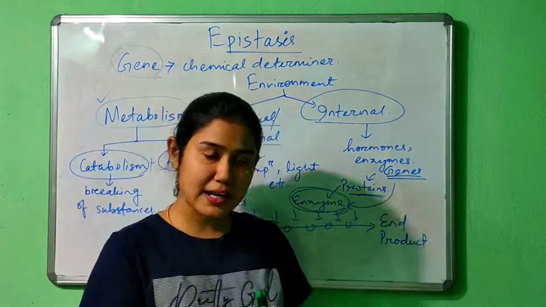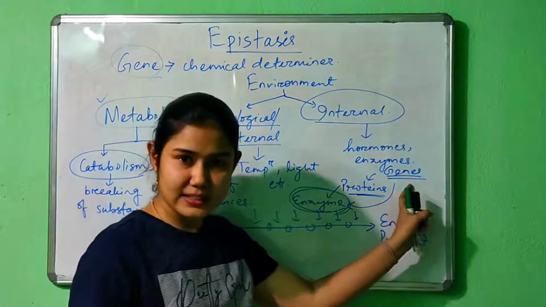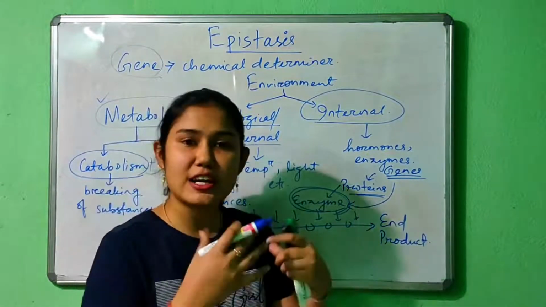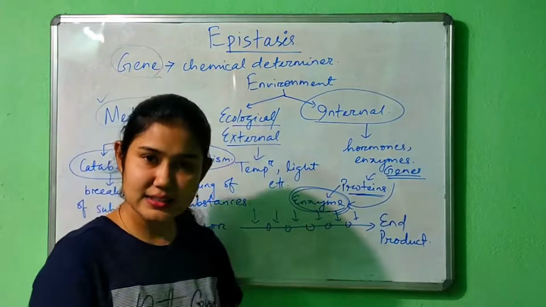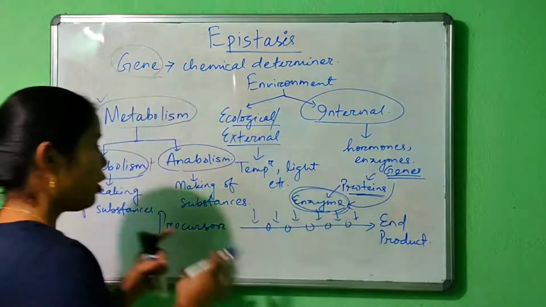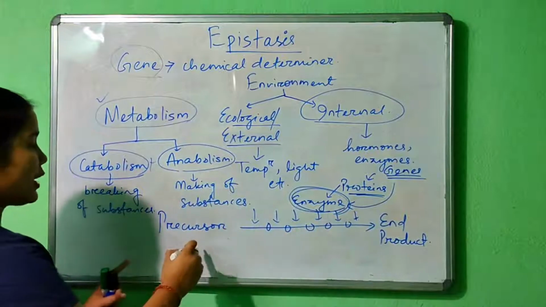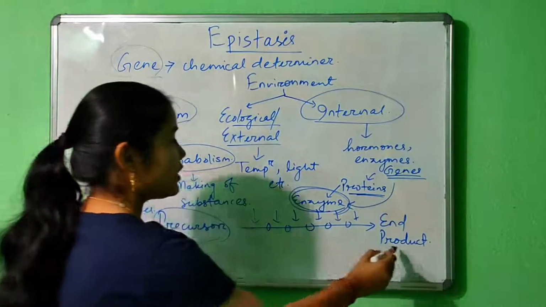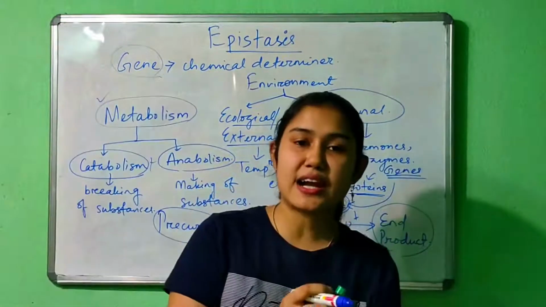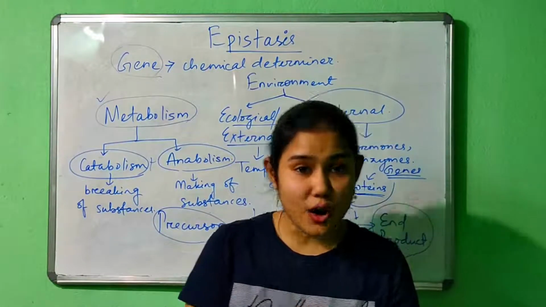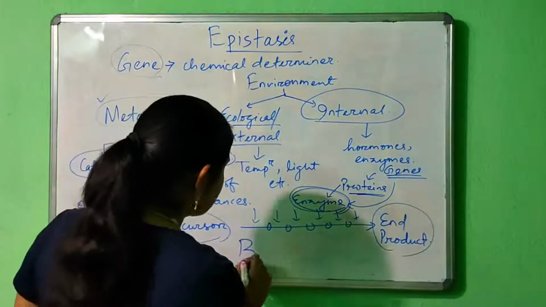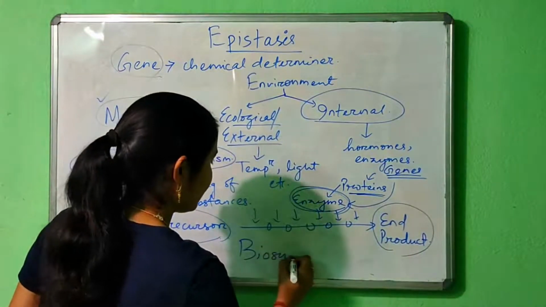Clear? As genes interact, a phenotypic trait is produced. So all this process, where the precursor gets converted into the end product and each step is catalyzed by various enzymes, is called the biosynthetic pathway, right?